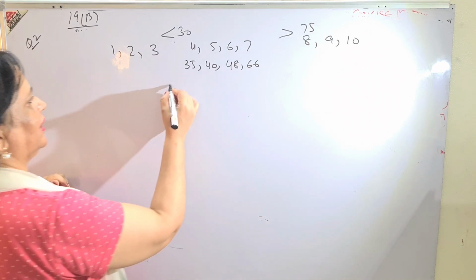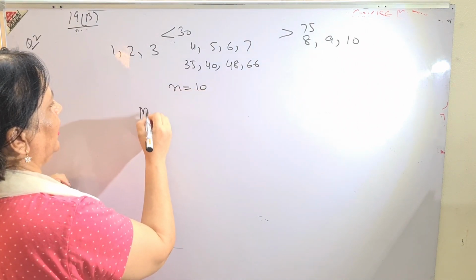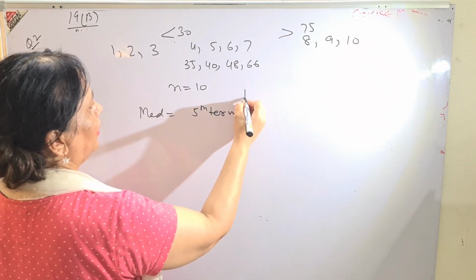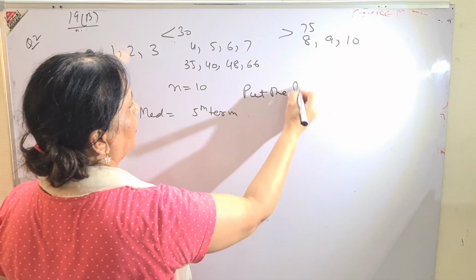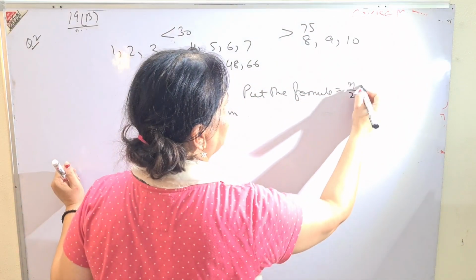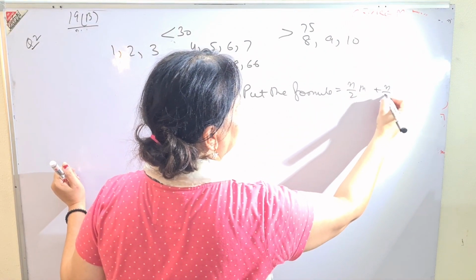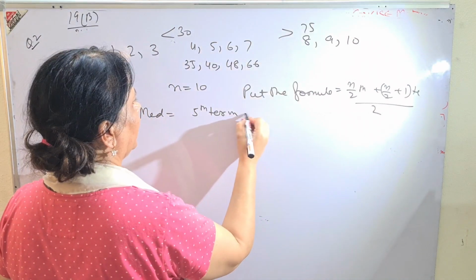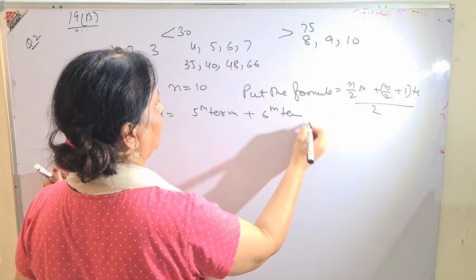See children, n is equal to 10. Put the formula: the median is the n by 2th term plus the n by 2 plus 1th term, divided by 2. So the 5th term plus the 6th term divided by 2.